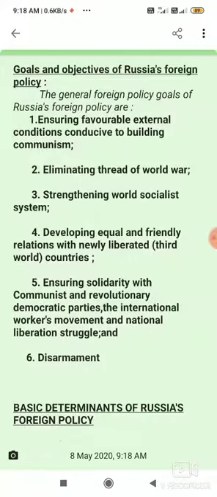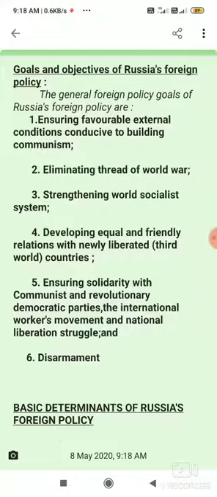So apart from this, what were the basic goals and objectives of Russia's foreign policy? The general foreign policy goals and objectives of Russian foreign policy were ensuring favorable external conditions conducive to building communism. The Soviet Union wanted to ensure that its internal policy was not being threatened or interfered with by any of the countries.